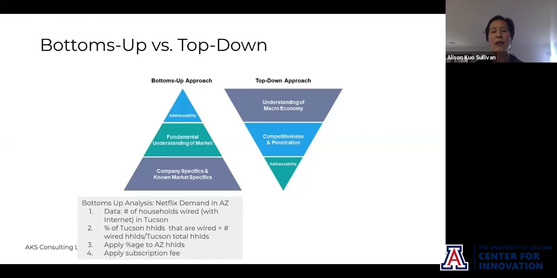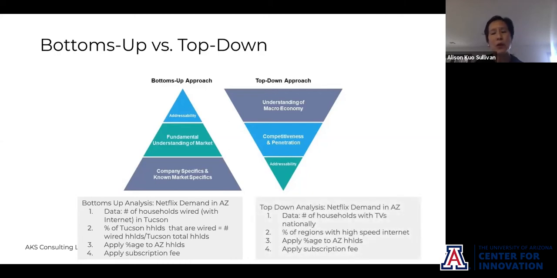From that, we can calculate the percentage of those households that are wired within total households of Tucson, and then apply that percentage to the total households throughout Arizona, and then apply whatever our subscription fee is to essentially identify what our TAM is.